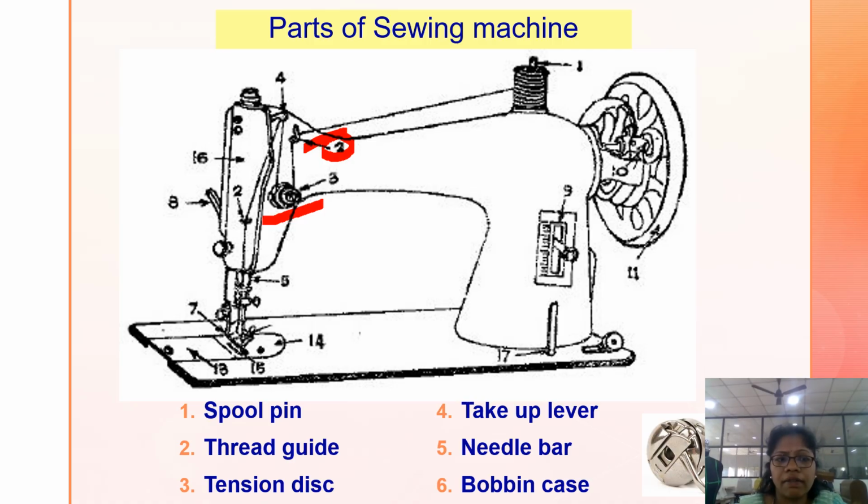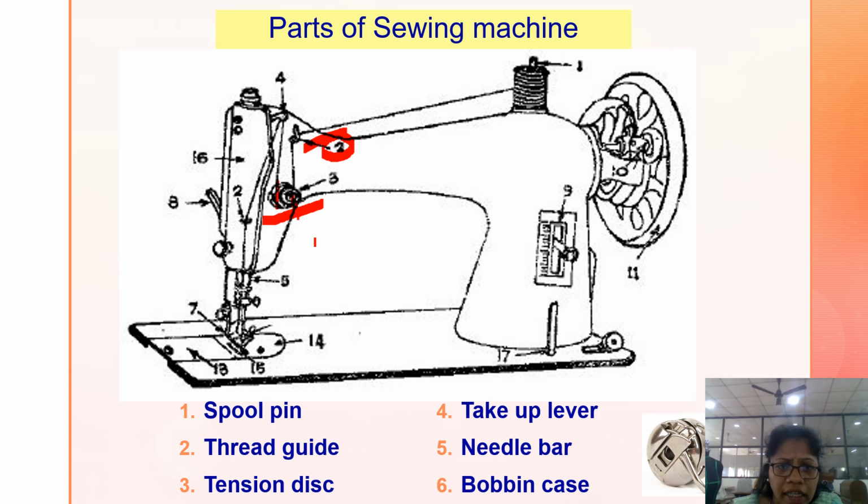The tension disc works with a simple mechanism, where two concave discs are put together with the convex sides facing each other. The thread passes in between these two. The tension of the thread is adjusted with the nut. Here you can see the nut, which decreases the pressure on the disc. Okay, we'll move on to the next one.